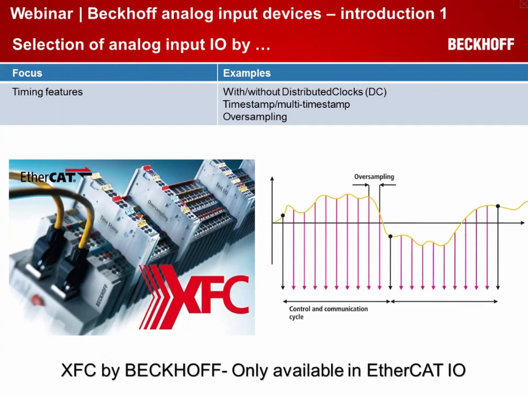The black arrows here are the control and communication cycle, for example 1 millisecond. And the red arrows here are the oversampling. That means that the analog input terminals are running n times faster than the cycle time, and so many more analog values can be sampled than just with the control and communication cycle. That gives you the possibility to run with a slow task and long cycle time, but to have the analog inputs with a very short time resolution.